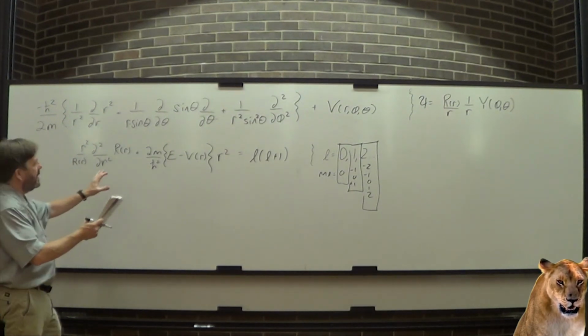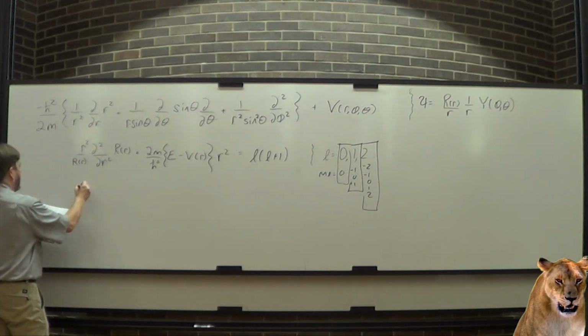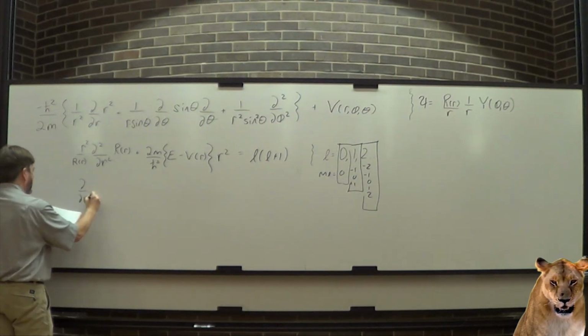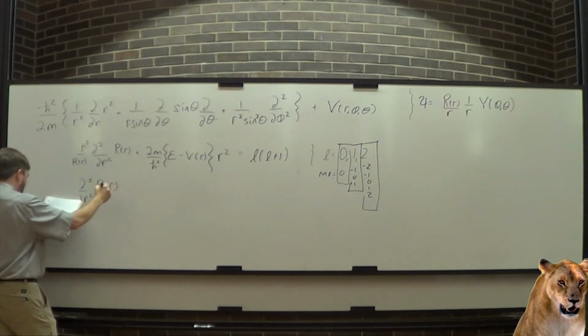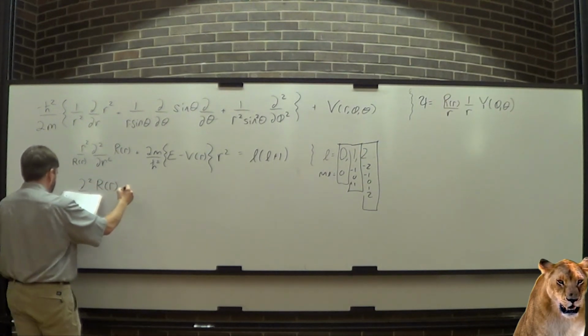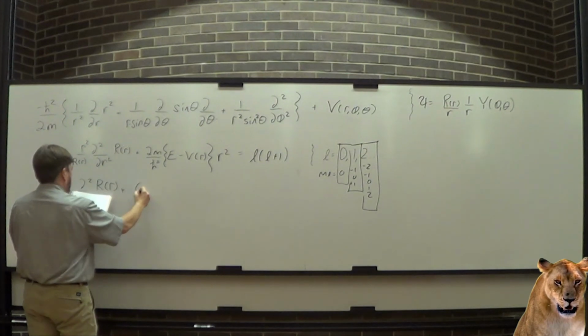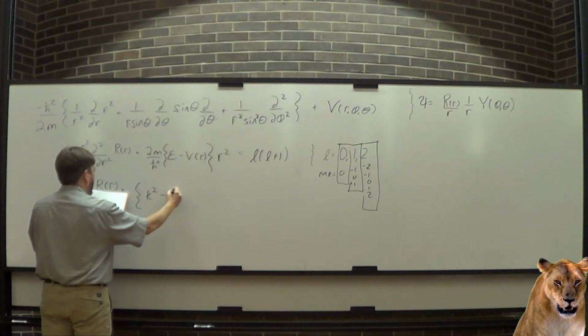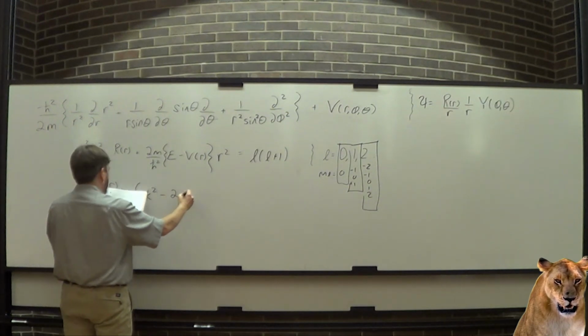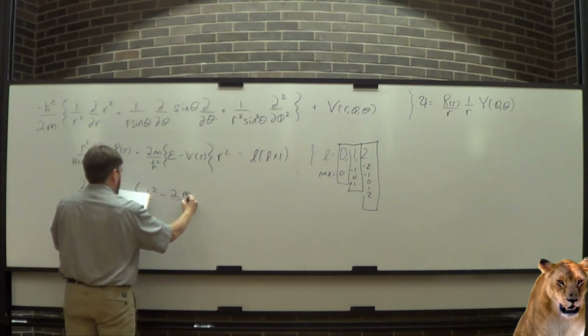Okay, so now let's manipulate this thing, and what you get is, I'm unpacking the previously separated wave function. I've got a k. A k is going to be the square root of 2 m e over h bar squared.